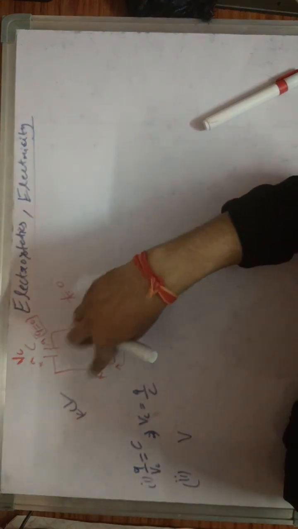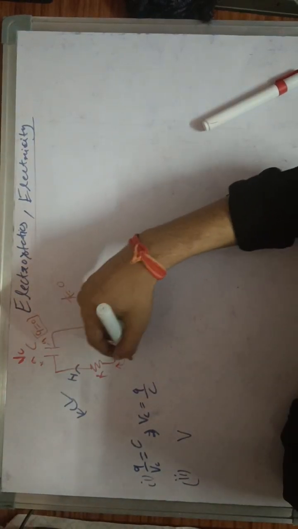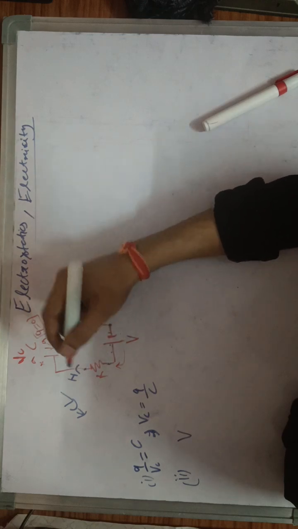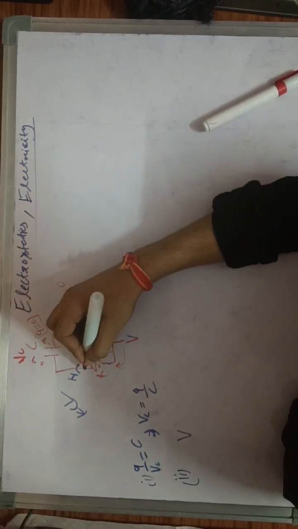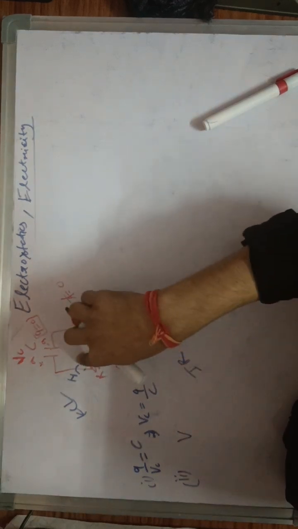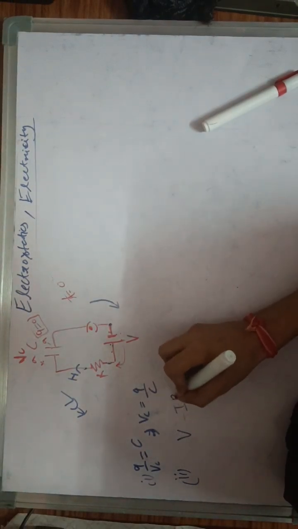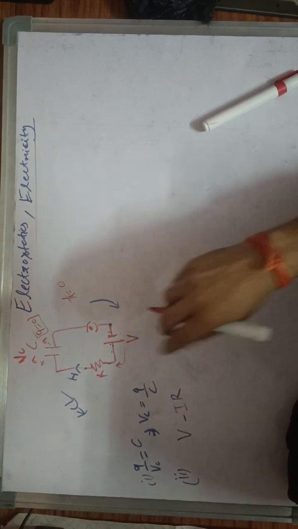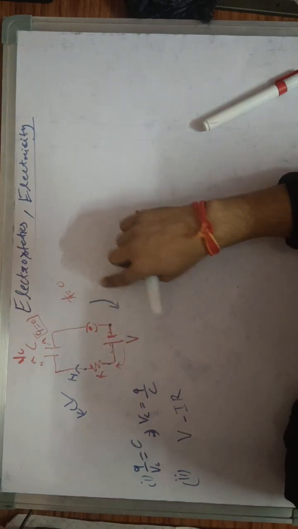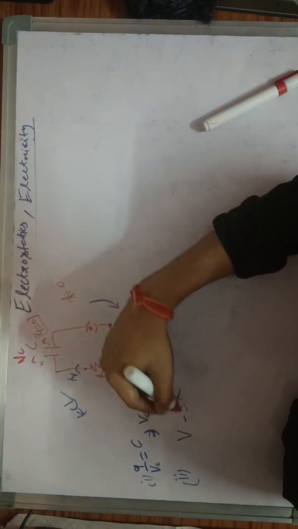Now let's say some current I is flowing, then since the current is flowing in this direction, there would be a high potential at this side and less potential at this side. The magnitude of IR is positive, but the potential difference, this potential minus this potential, is negative, so I will take a negative sign here. Simply, if the current is in the direction of the conventional positive direction of the loop, then we take a negative sign with it.